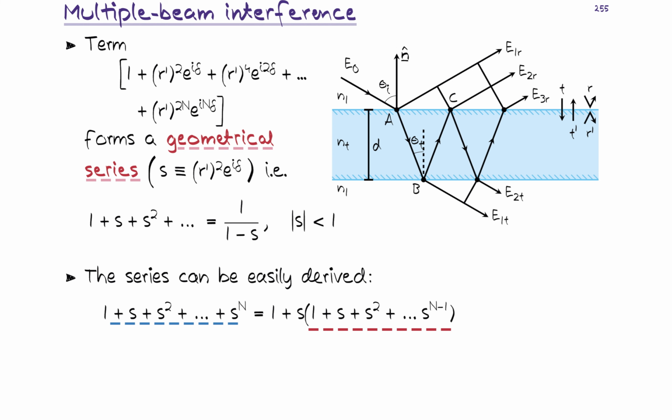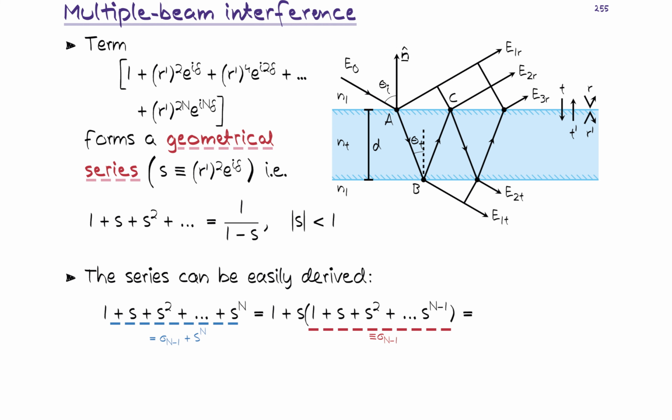So essentially, we are taking S to be a common multiplier, and then we are left with a term that looks almost like this one. So this summation here is essentially the term inside the parenthesis, sigma n minus 1 plus S to the power of n. And this is 1 plus S times sigma n minus 1.